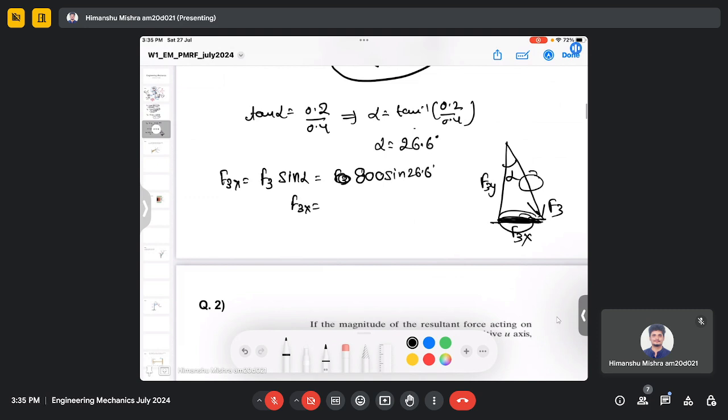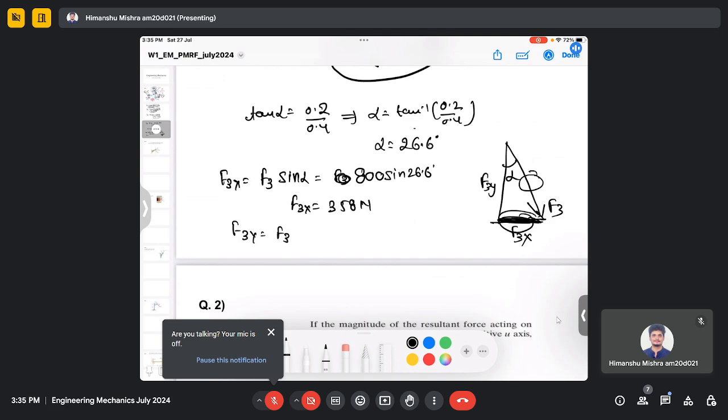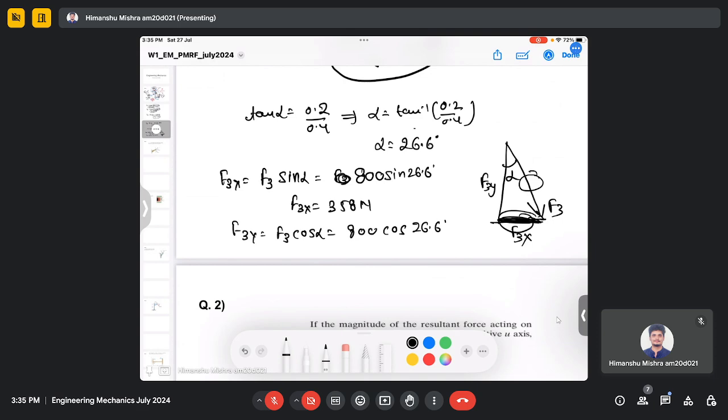So F3x will be 358 Newton. And on the same page, F3y will be F3 cos alpha. So it will be 800 cos 26.6 degrees. So your F3y will be 716 Newton, approximately.